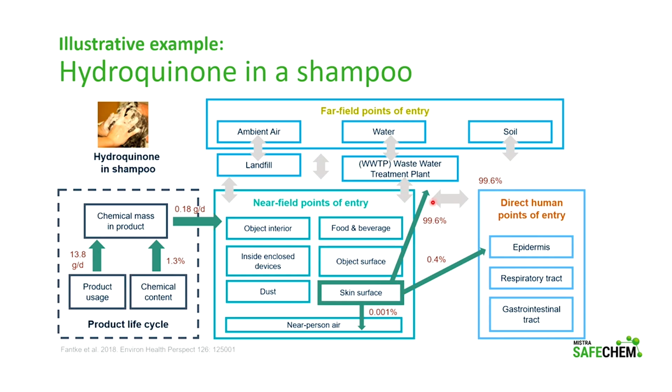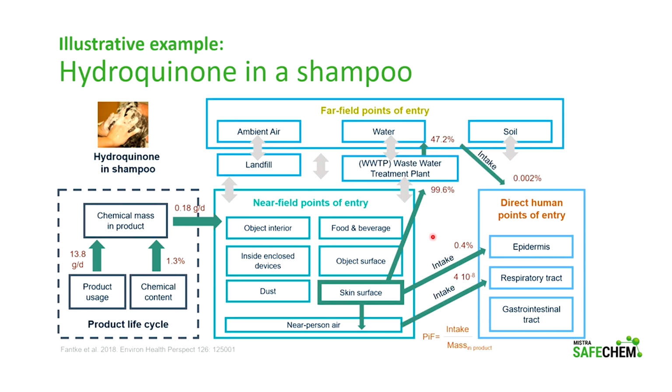Most of it will be washed out with the wastewater, of course, but some of it might be directly taken up into the skin of the user. And another fraction might also just evaporate into the near person air. And from these compartments, again, USEtox further models where the chemical goes in the far field environmental compartments, and how then at the end there will be a total intake towards the direct user, but also the global population.